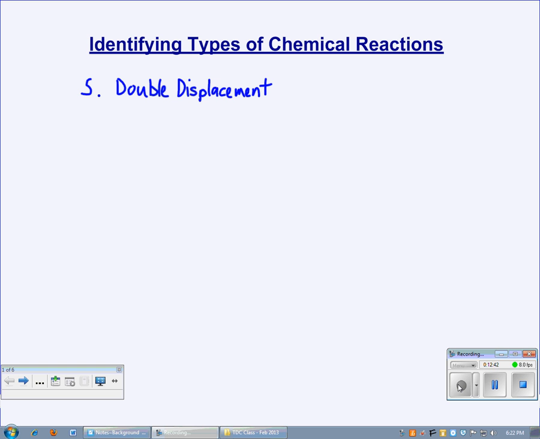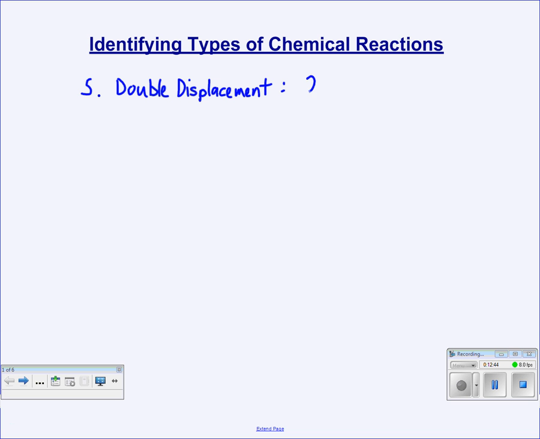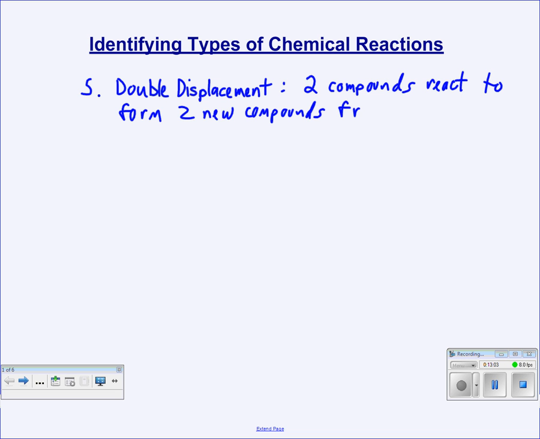In a double displacement reaction, 2 compounds on the reactant side react to form 2 new compounds from an apparent swap of ions.